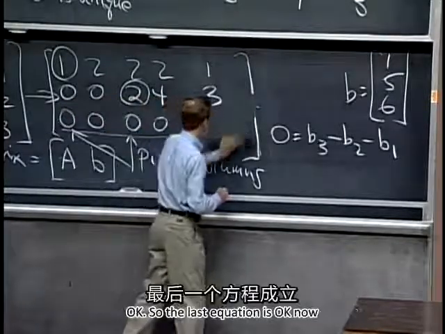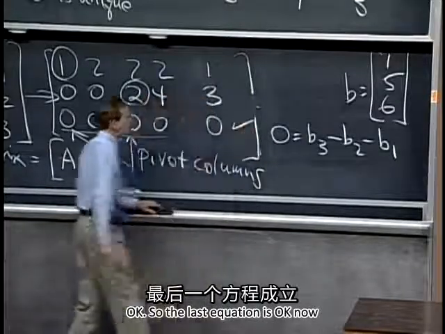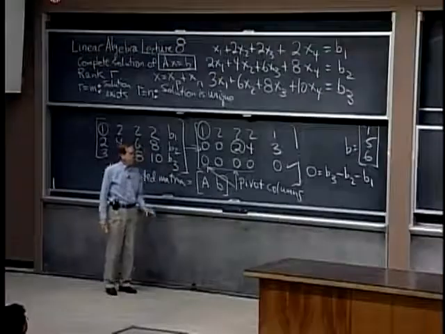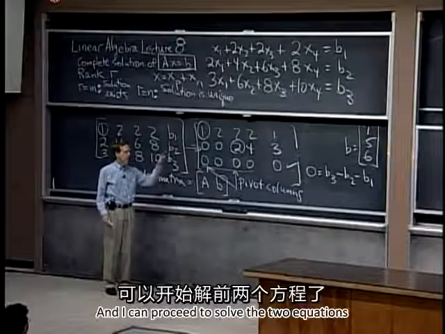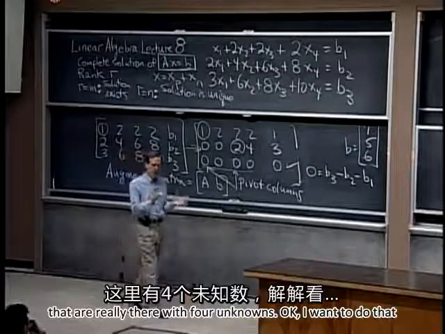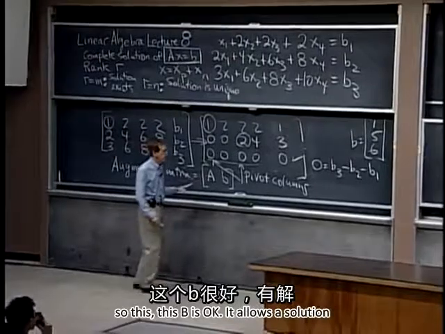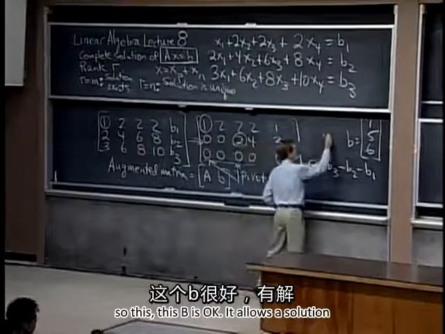Thanks. OK. So the last equation is OK now. And I can proceed to solve the 2 equations that are really there with 4 unknowns. OK, I want to do that. So this b is OK.